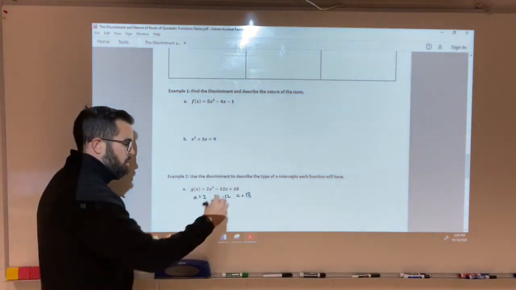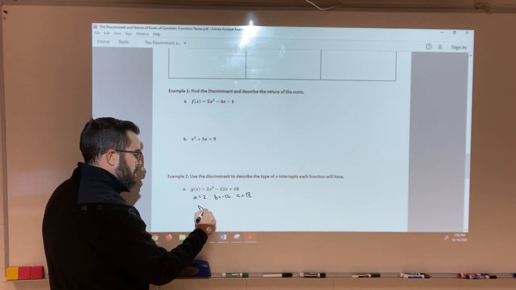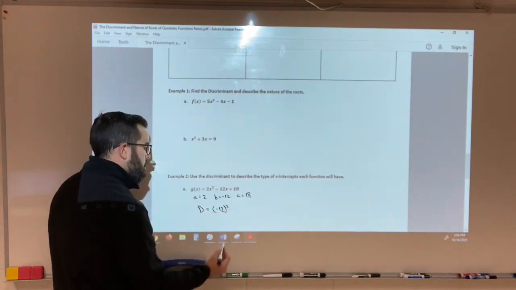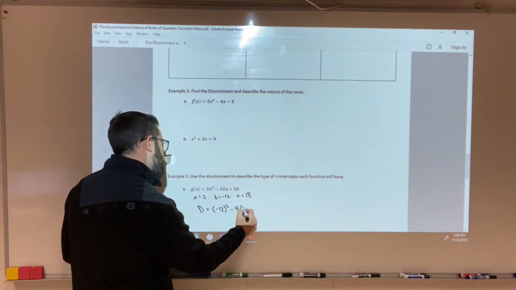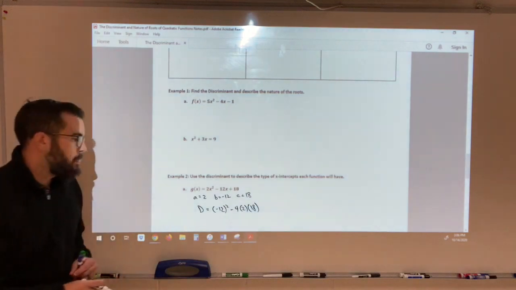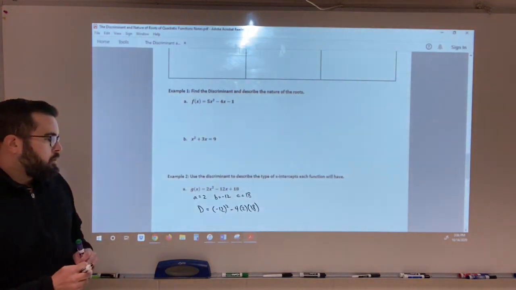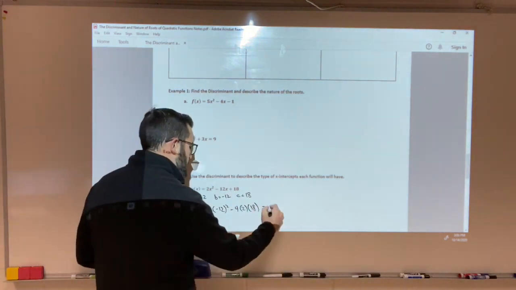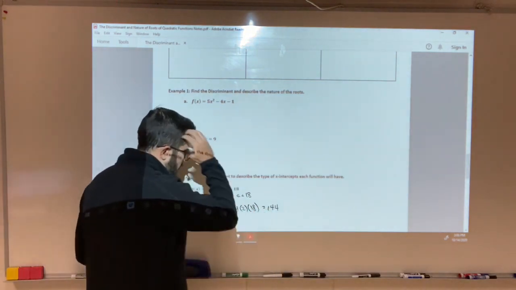So, taking the discriminant is negative 12 squared minus 4 times a times c. All right, so doing the math here, I got 144.